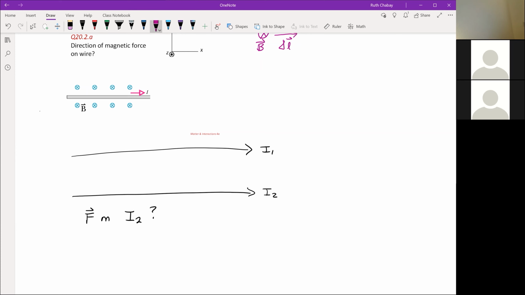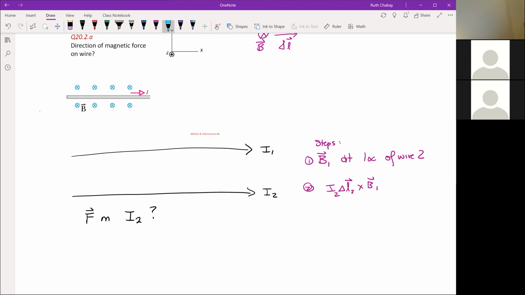Well, this is a two-step problem. First, we have to figure out the magnetic field. So steps: we have to find B1 at the location of wire 2. So the magnetic field made by wire 1 at the location of wire 2, and then use I2 delta L2 cross B1 to get the force.